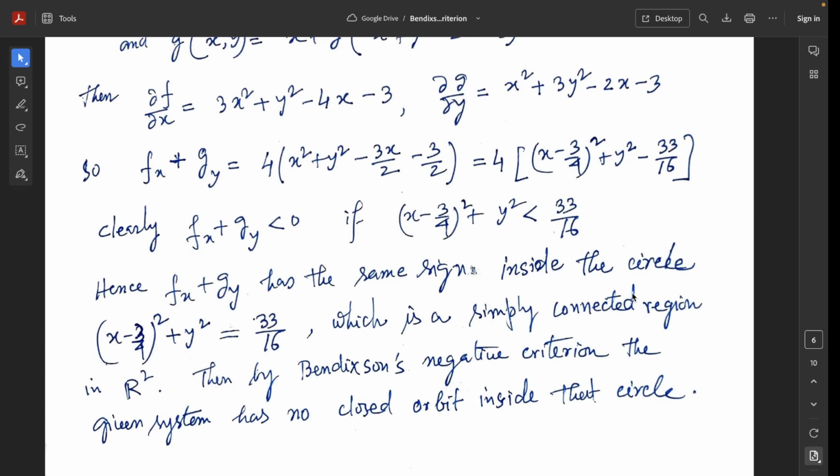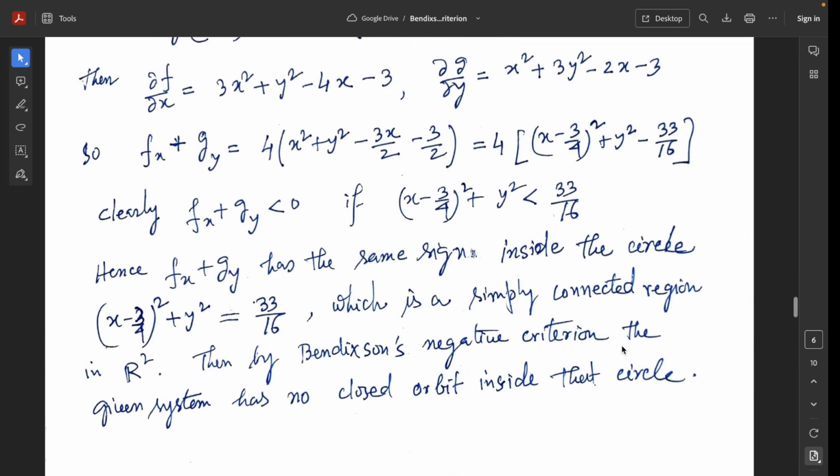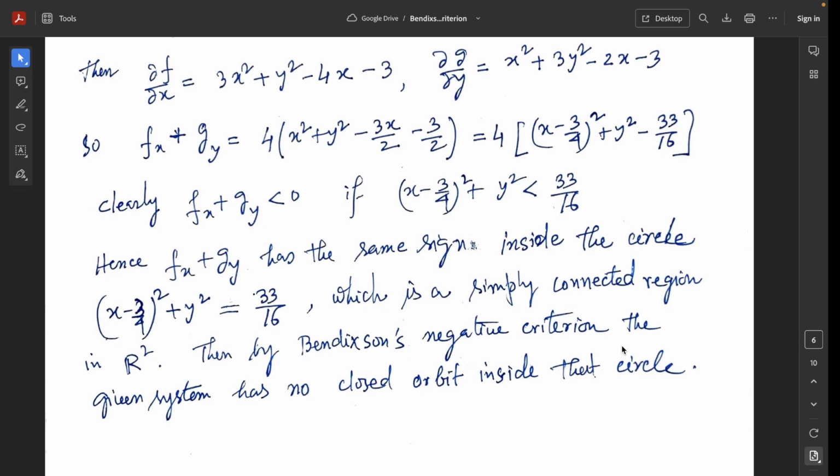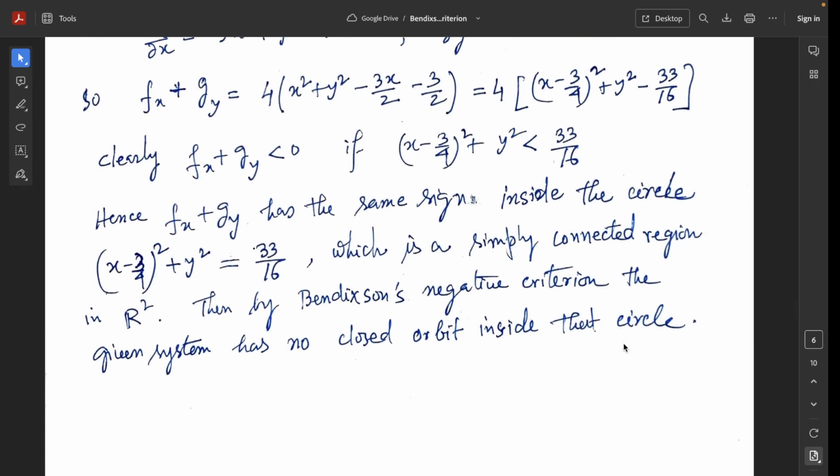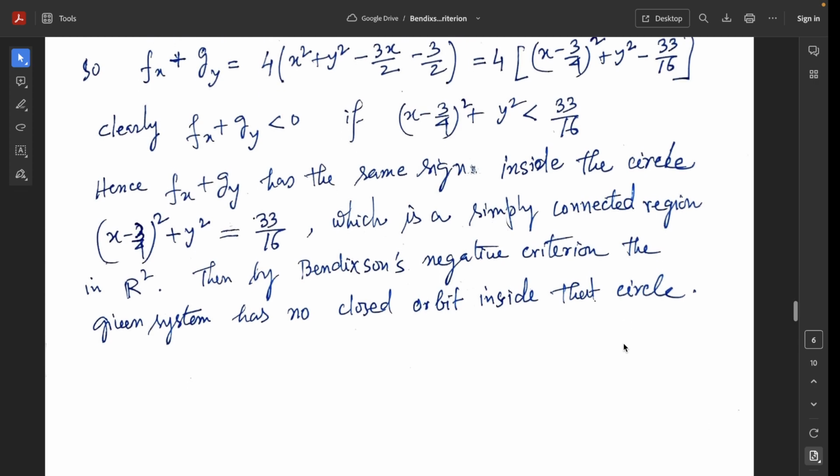Obviously, the inside of the circular region is a simply connected region in R2. Then by Bendixson's negative criterion, the given system has no closed orbit inside that circle.